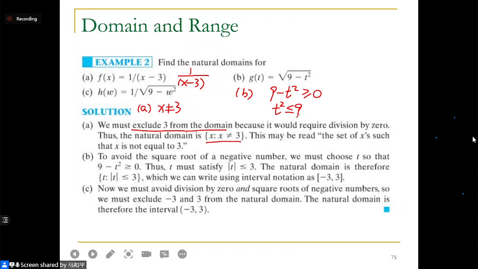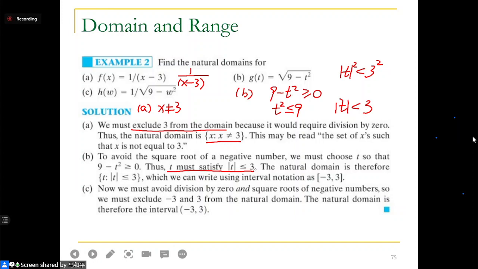This means the absolute value of t is less than or equal to 3, because when t squared is less than or equal to 9, the absolute value of t is less than or equal to 3. So t must satisfy this.